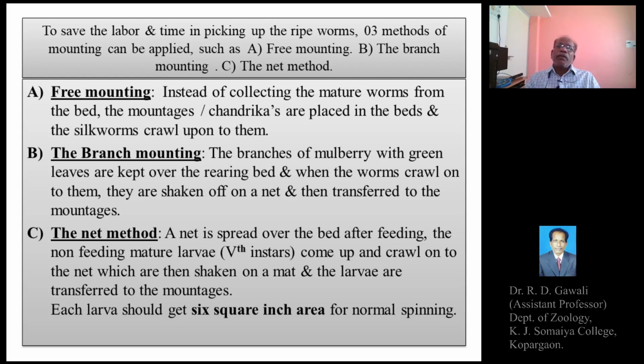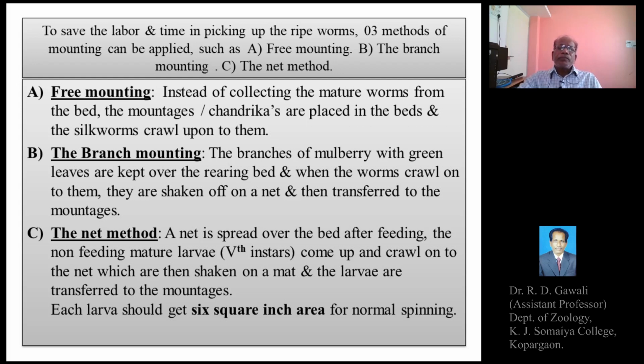Instead of using a net, one can simply shake the branches containing these larvae directly onto the mountage or onto the net, and the net with larvae can then be transferred onto the mountages. So this is the branch mounting method.